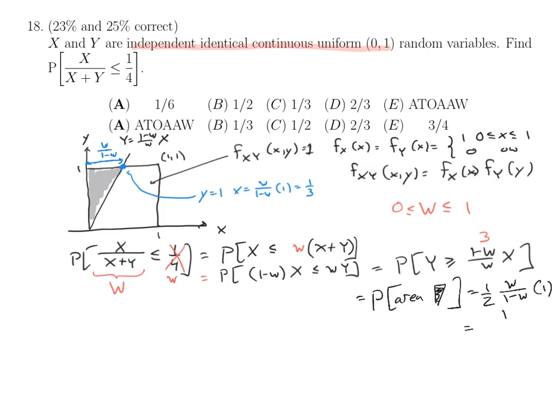So it's w over 2(1 minus w). And then the case we were considering was w equals 1/4. So with w equals 1/4, it was 1/4 over 2 times 3/4, and the answer is 1/6. So in fact, this is correct.